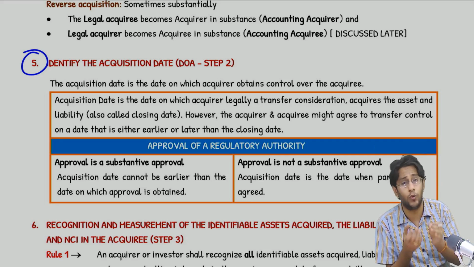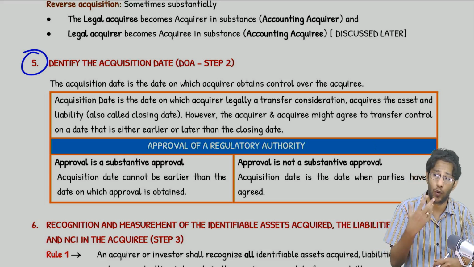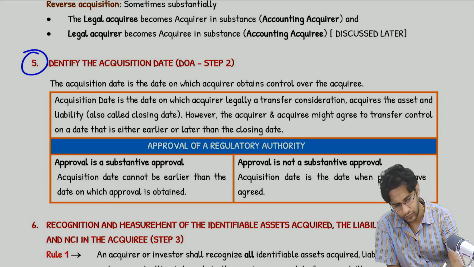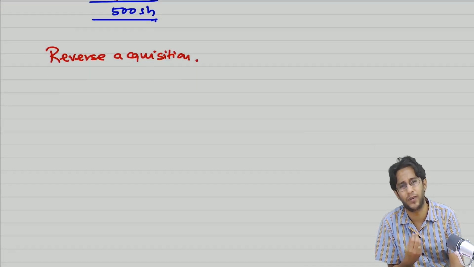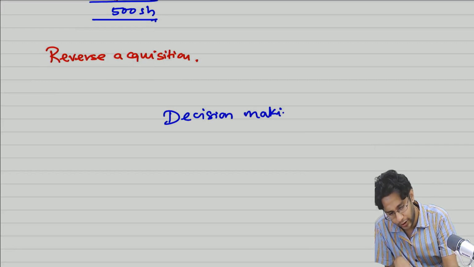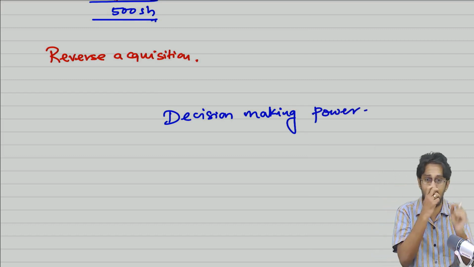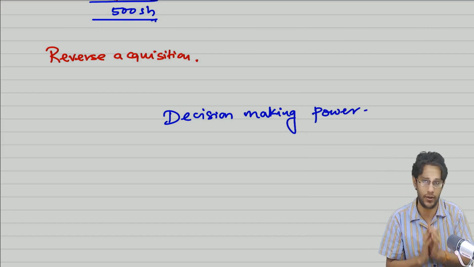How to identify that acquisition date? It is the date on which acquirer obtains control over acquiree. Now, generally, sir, obtaining control means what? Simply put, decision making power. So when the decision making power changes hands from acquiree to acquirer, that date is called the acquisition date.